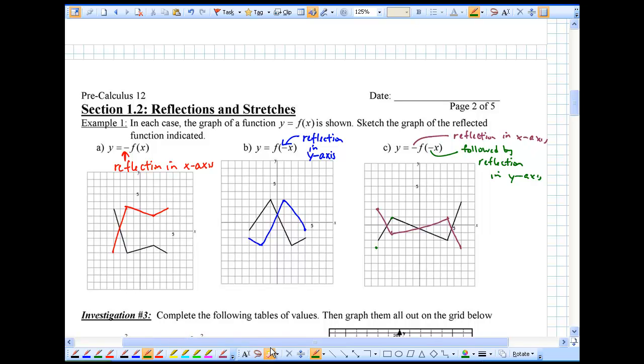Oops, I think I made a mistake. This one looks a little bit too low. Two down. My fault.